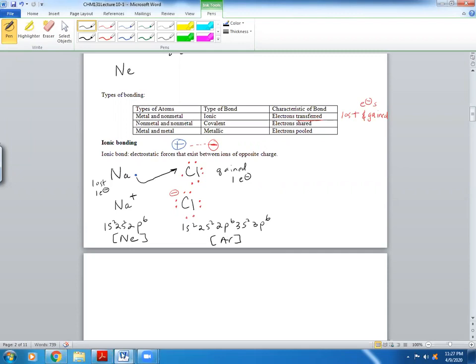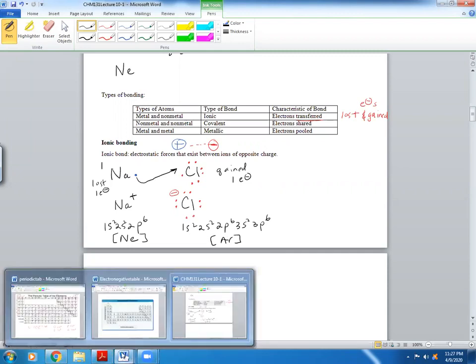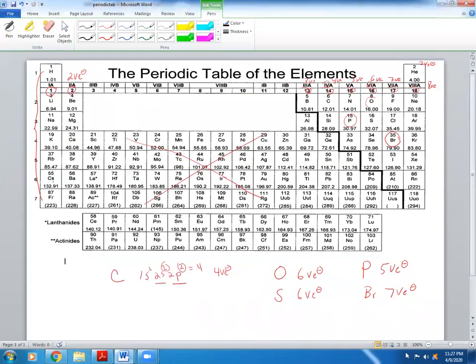So think about it this way. Here's sodium. It needs to have an electron configuration like a noble gas, and the closest noble gas to it is neon.